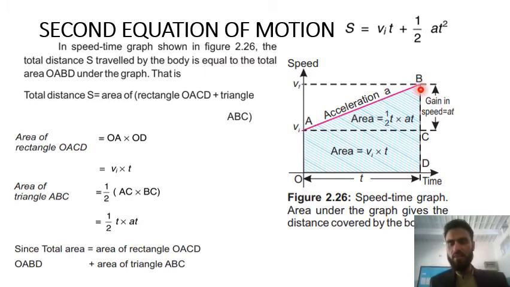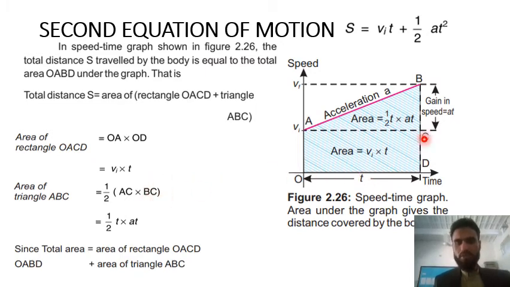Since it is half, it will be divided by 2, right? So AC multiplied by BC and divided by 2. Now AC over here is actually equal to OD, so we can write T in place of AC.